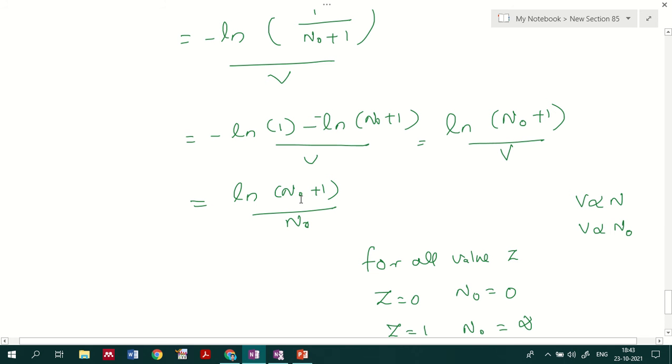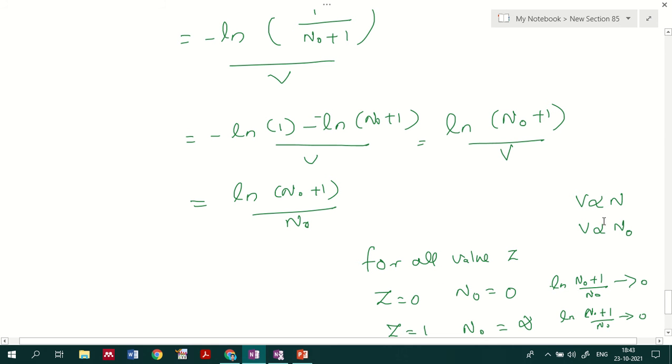And again, if you give infinity, then this term also goes to 0 in both cases. So for z equal to 0 and 1, this term will go to 0. The last term in both cases, that is ln n0 plus 1 divided by n0, will also go to 0 in both conditions. So we can neglect that term because of this consideration.